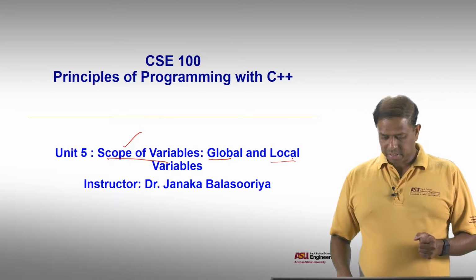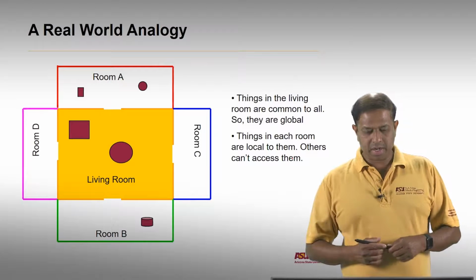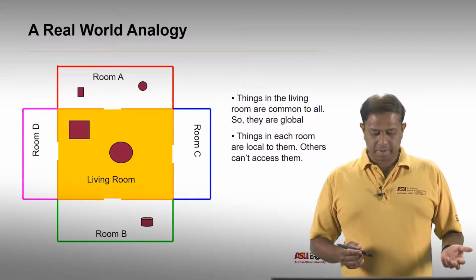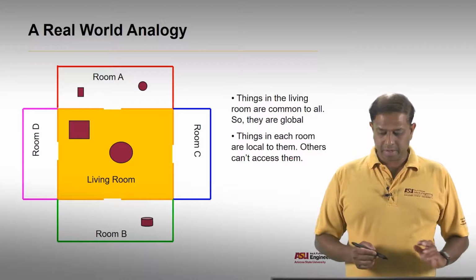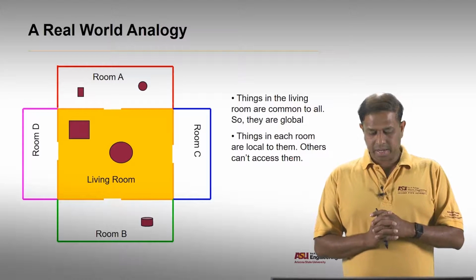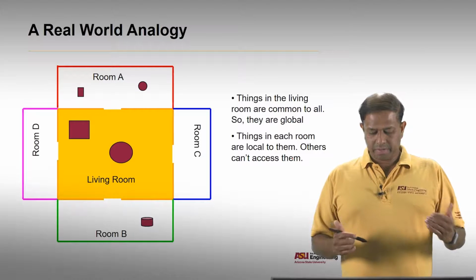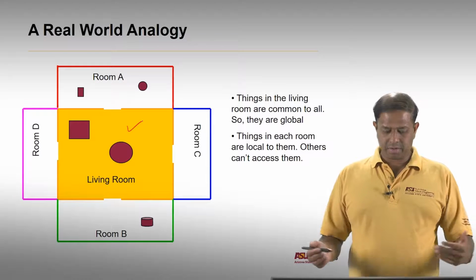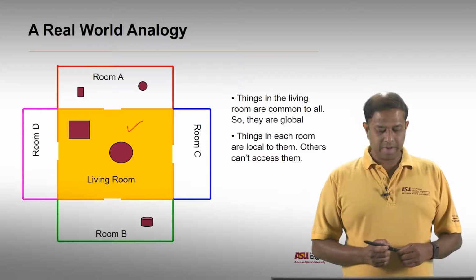So let's talk about this concept using a real world analogy. Let's say you have a house with maybe 4 rooms and the living room area. Now the living room area is common for all the rooms, right? So all the rooms will have access to the living room area.